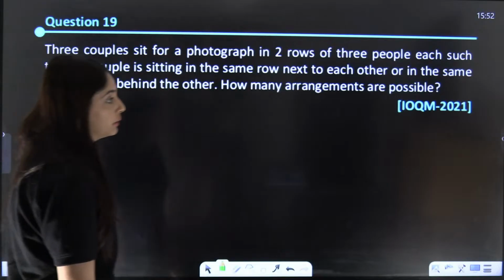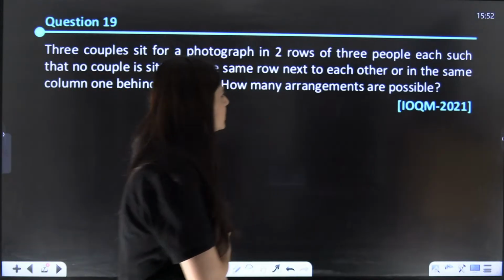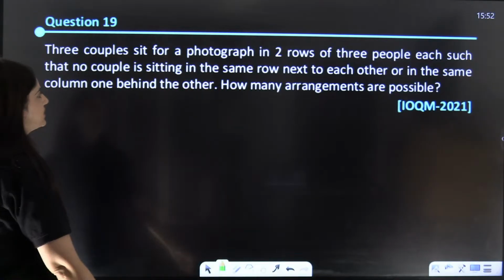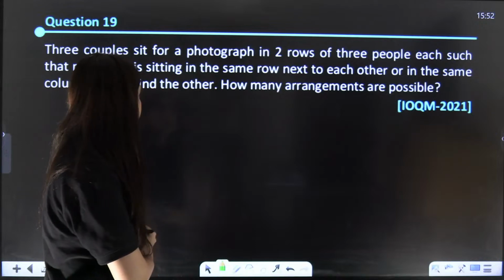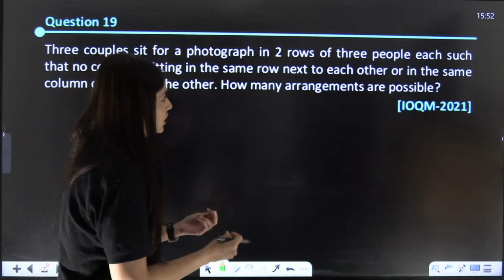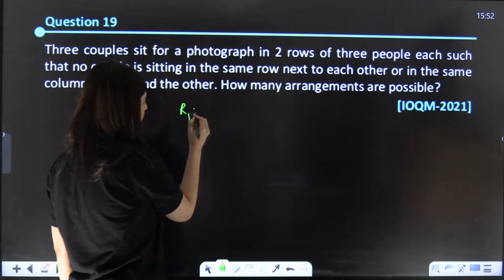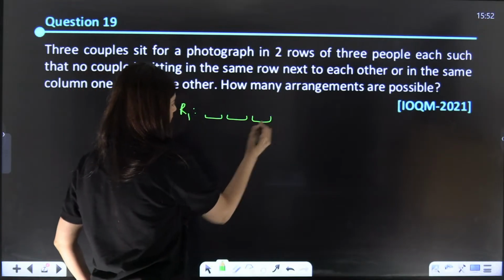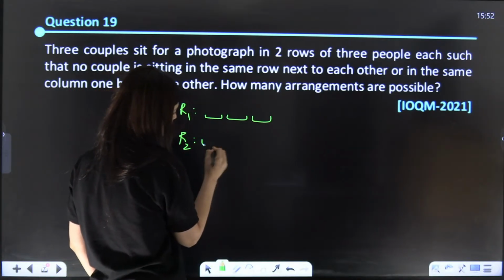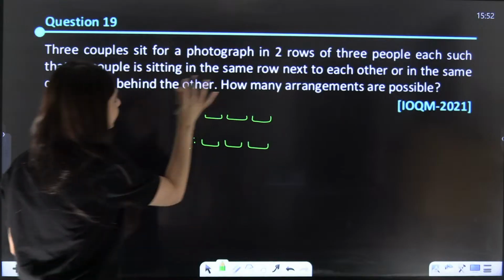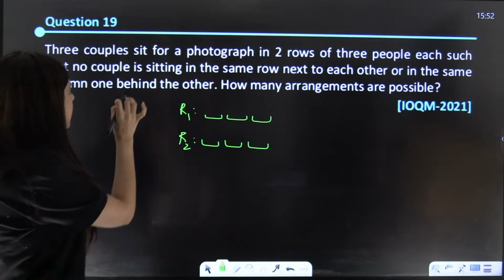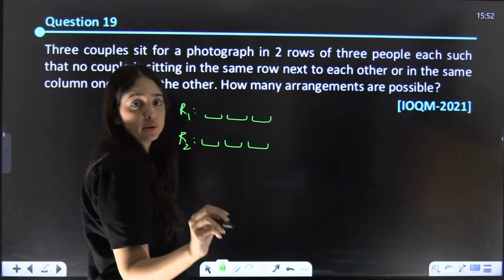Now, an IOQM problem. This one is, I think, relatively easy. What do you think? 3 couples sit for a photograph in 2 rows of 3 people each. We have row 1 and row 2. Now, what are the conditions? No couple is sitting in the same row next to each other.